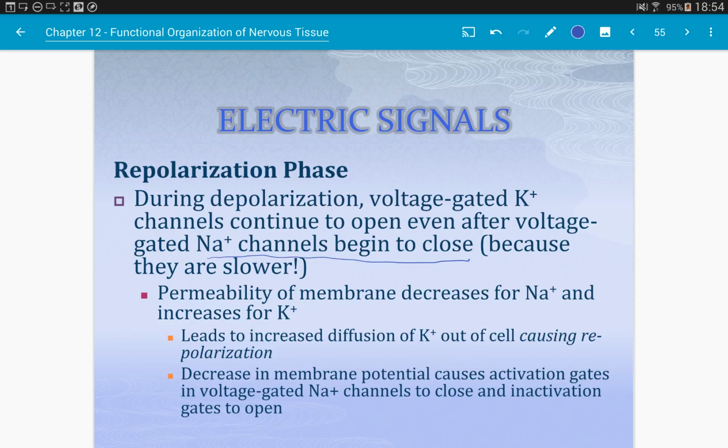So when those sodium channels close, the permeability to sodium is almost zero, but the permeability to potassium is great because the channels are open. It's the number of channels available that determines the permeability to any particular ion. And because potassium is slow and still moving in and out, it helps with repolarization, getting that cell back to resting membrane potential so that it can be re-stimulated again. Okay?